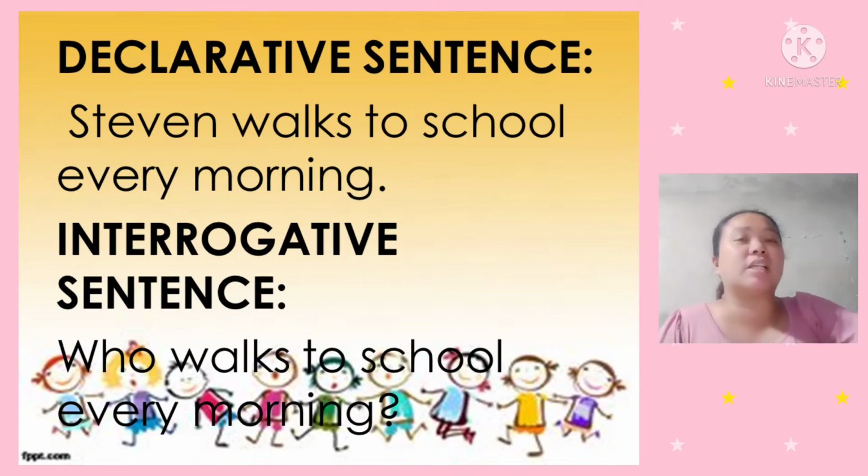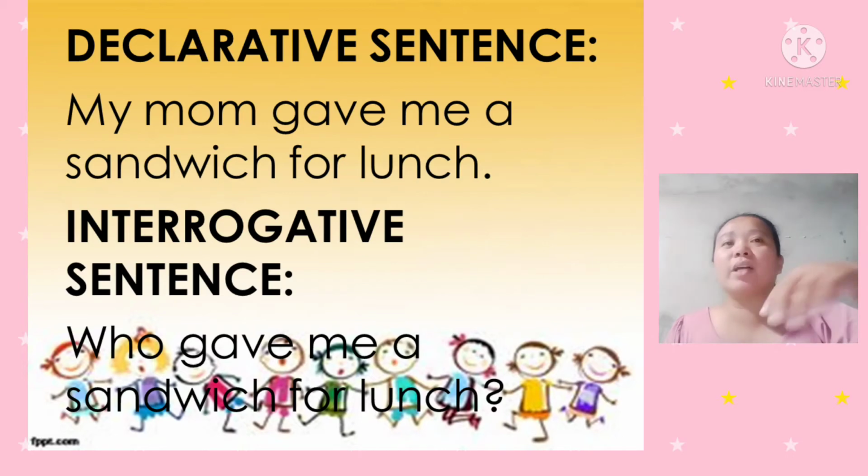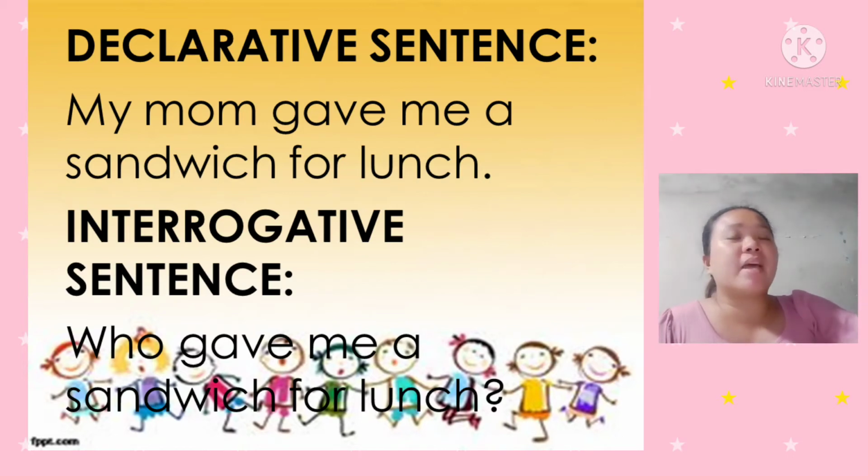To change it into interrogative: Who walks to school every morning? Next example: my mom gave me a sandwich for lunch. Can you please say what the interrogative is? That's right. The interrogative is: Who gave me a sandwich for lunch?